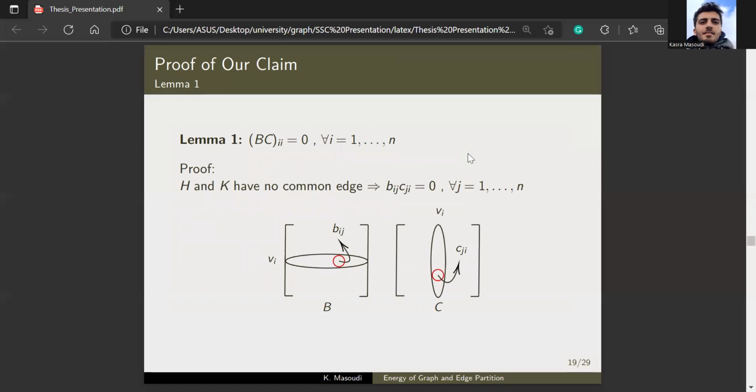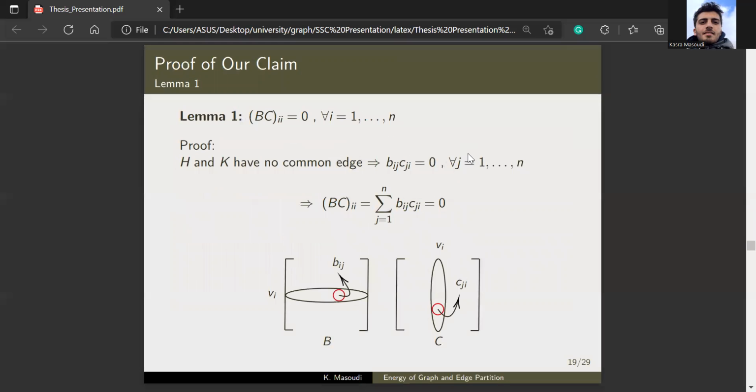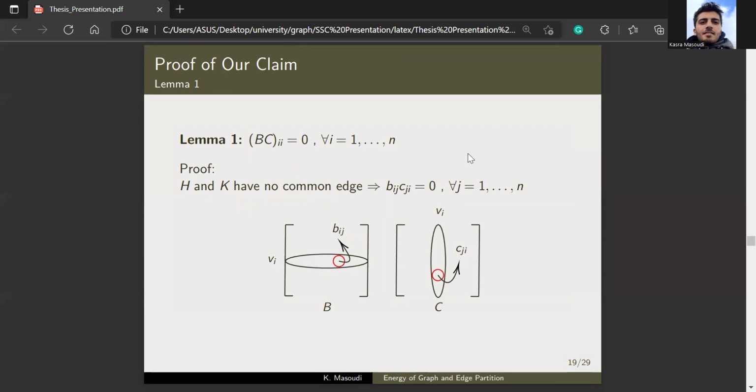If Eij doesn't exist in G, it would exist in neither H nor K, so the entries Bij and Cij are both 0. And in case Eij exists in G, it should be in one of H or K. It cannot be in both of them. So either Bij or Cij is 0. By all of this I mean that at least one of Bij and Cij should be 0.